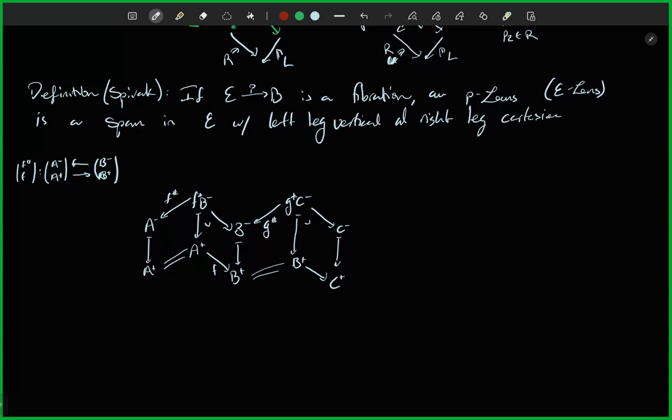Over here, this is F. So what is that composite of spans up here? Well, we already know that at the bottom, it's going to have to be A plus. So I'll put A plus up here, and it has to be the equals up here.